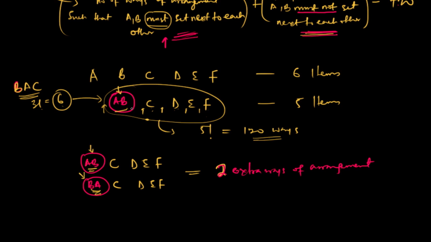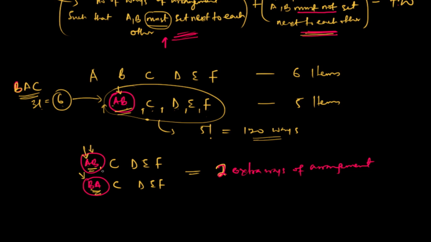Now, you observe that this AB that we have here is a conglomerate of 2 different objects. We're only told that AB must be together, but we're not told that A must always be in front. So note, it just says AB must be together. Since we're not given a restriction that A must always be the first, or maybe B must be the first, that simply implies that we need to consider the case when A is the first and B is the second for each of the arrangements. You understand?